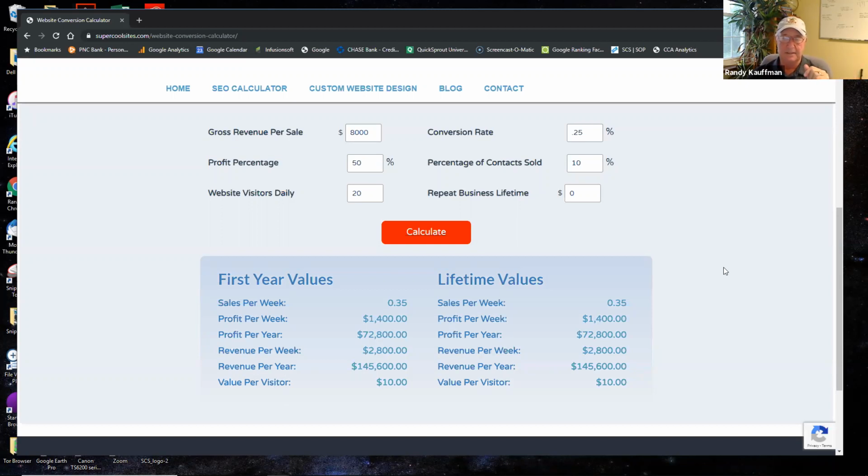The significance is if you have $10 value per visitor, and your website was doing 20 visitors a day, how about if you buy another 20 visitors at $5 each? You're still going to make a nice profit because every visitor is worth $10.